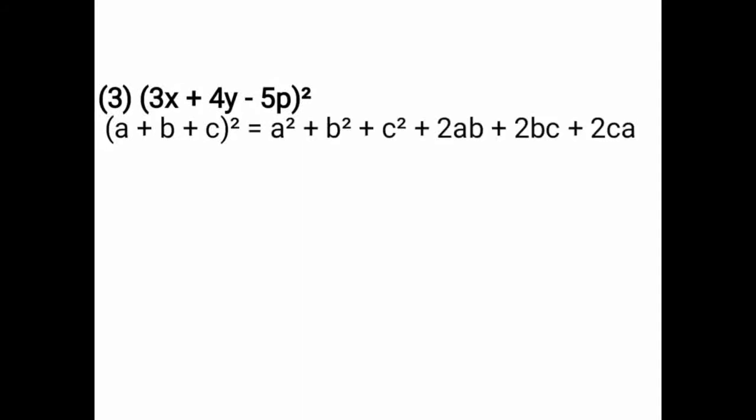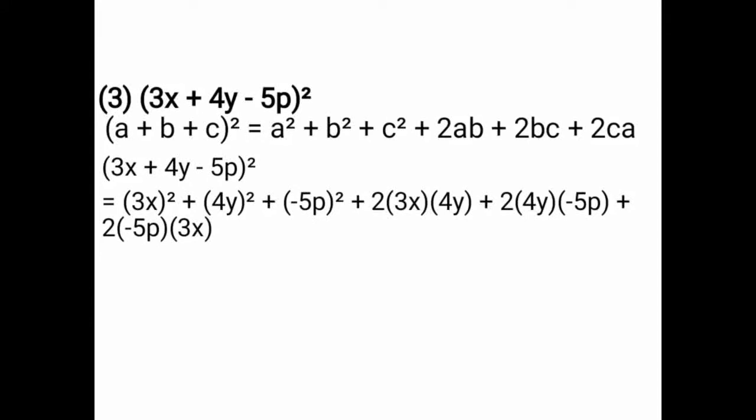(a plus b plus c) the whole square is equal to a square plus b square plus c square plus 2ab plus 2bc plus 2ca. (3x plus 4y minus 5p) the whole square is equal to (3x) square plus (4y) square plus (minus 5p) square plus 2(3x)(4y) plus 2(4y)(minus 5p) plus 2(minus 5p)(3x).